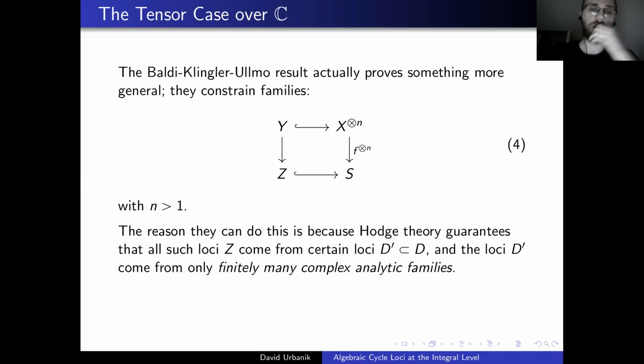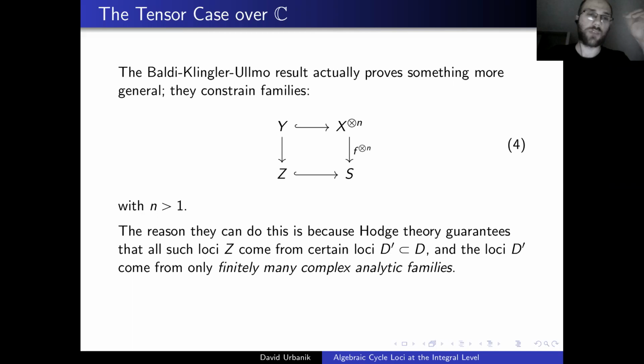And so one of the things that you have in the characteristic zero setting is that these loci, for n arbitrarily large, only come from finitely many analytic families of loci, d prime and d. This ultimately comes from the fact that there are finitely many complex conjugacy classes of Mumford-Tate group, for instance.